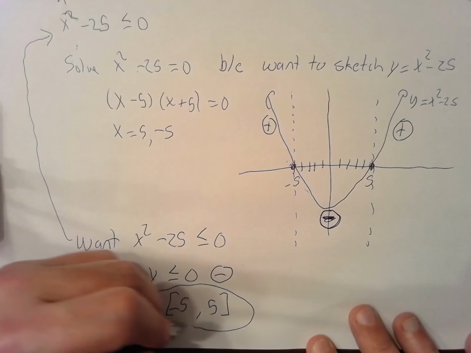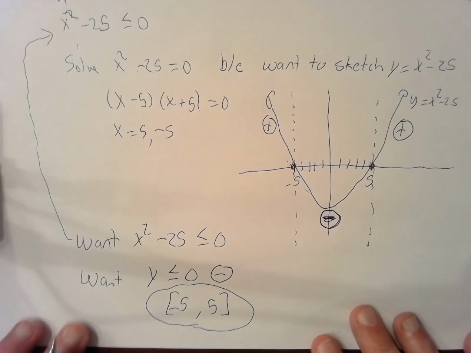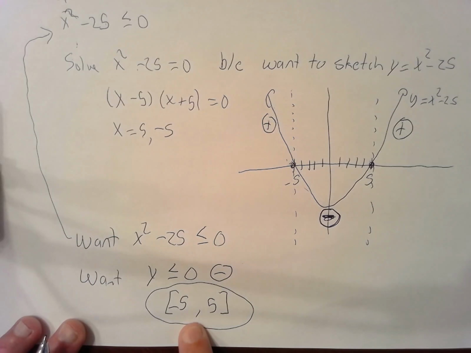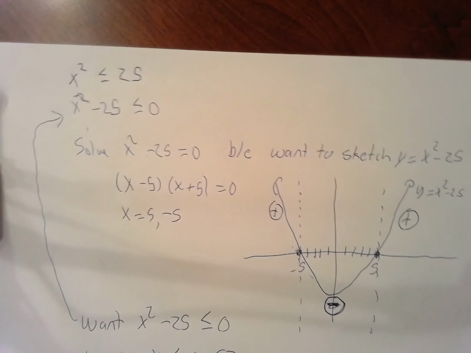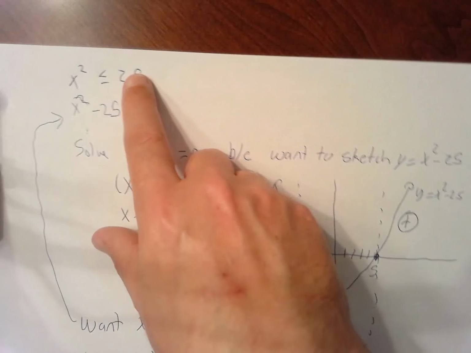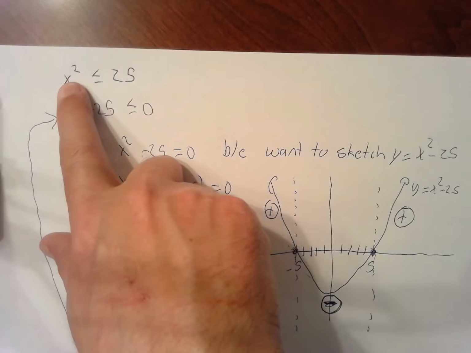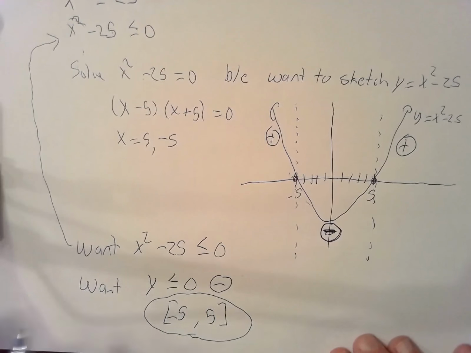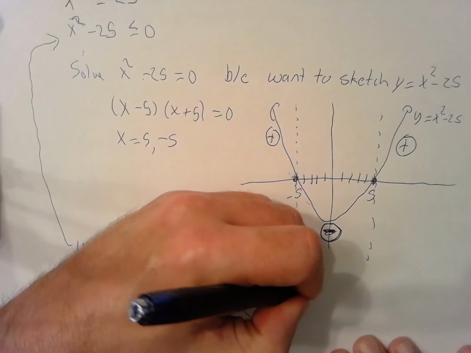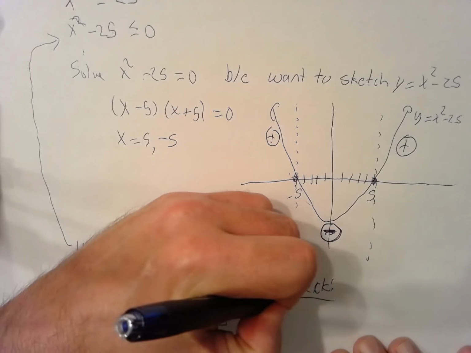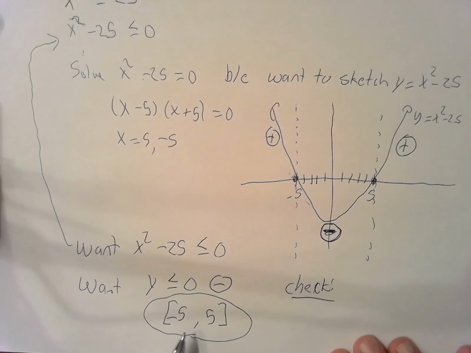So there's our solution. By the way, we could easily check this, see if this is right. Here's what we were originally trying to solve. Let's pick something in here and see if it works. So as a check, let's see. 0's in there, 1's in there, 3, 4.